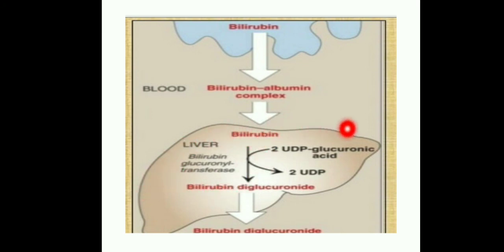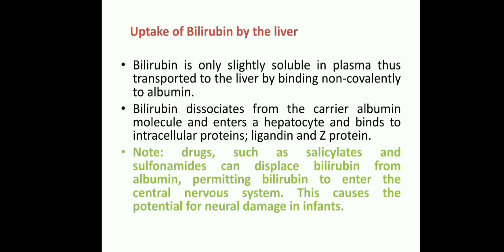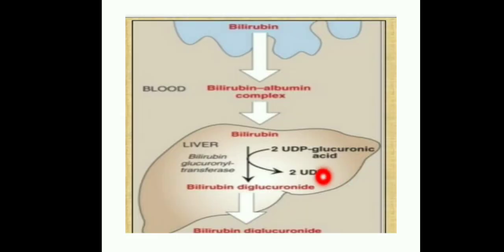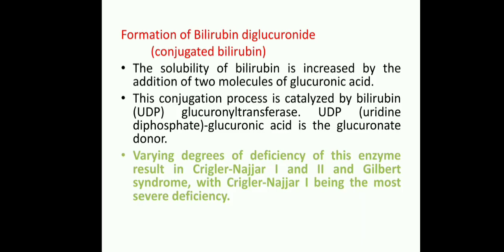In the liver, the biliverdin is converted to bilirubin, and then unconjugated bilirubin is converted into conjugated bilirubin with glucuronic acid. Next is the formation of bilirubin diglucuronide, the conjugated bilirubin.